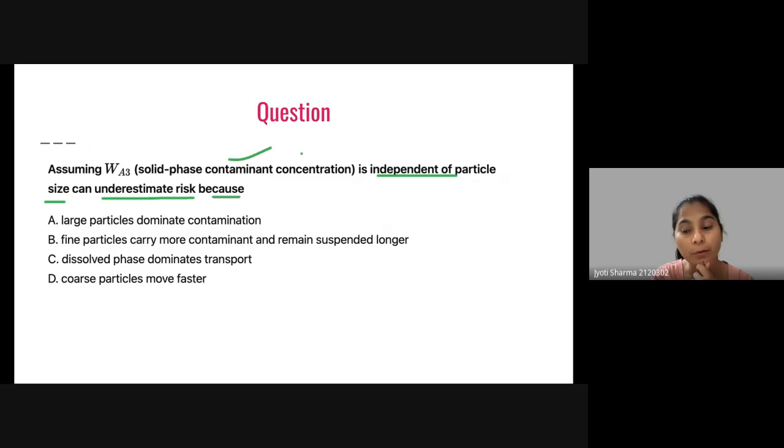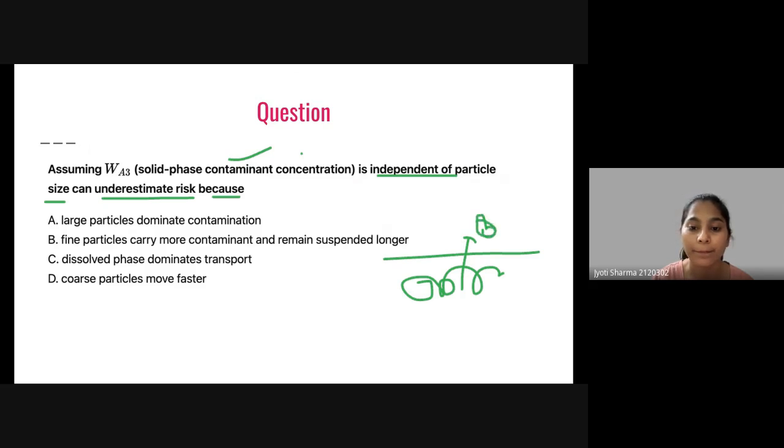If we are talking about the resuspension, what is happening is that from the bed, we have bed under the water, the solid particle will move to the water side, right? So this is wa3.